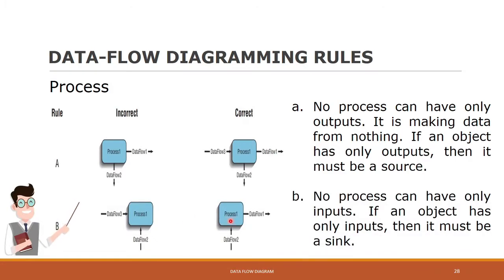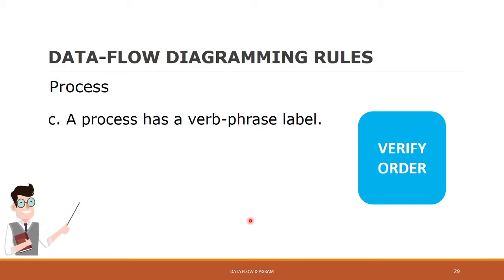Then in letter B, as you can see, there is no output here. It's all input data flow. So here is the correct example of a process and data flow. Then the letter C rule: a process has a verb phrase label. So those are the three rules under process.